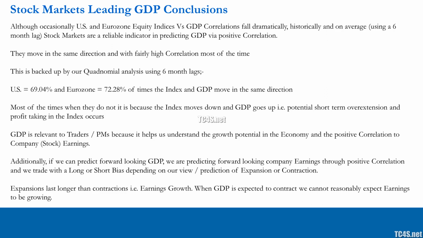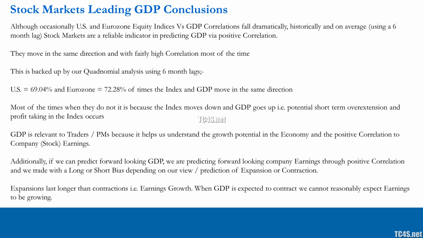Most of the times when these two variables do not move in the same direction, it's because the index moves down and GDP goes up. Okay? This is down to potential short-term overextension, which leads to profit taking in the index.